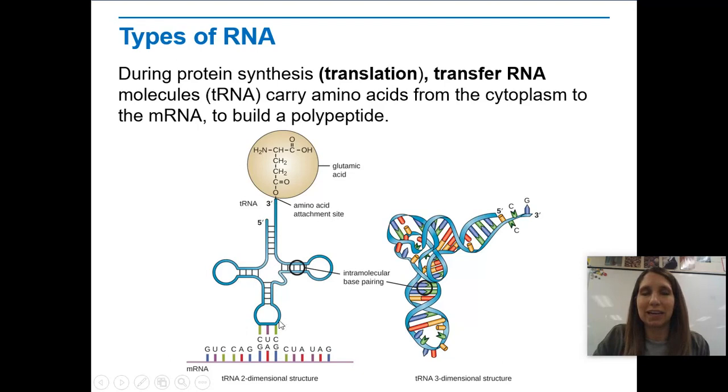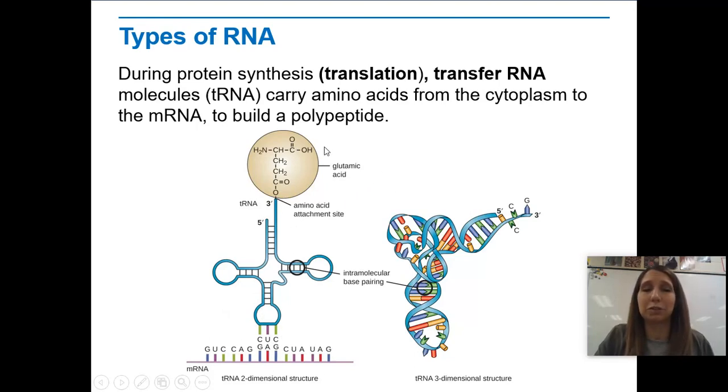So I can see I have those nitrogen-containing bases here. I have 3 of them that stick out on one end, and that's going to be important for this translation process that we'll talk about as part of section 14.2, okay? But for right now, what I need you to understand is that tRNA takes on this shape. tRNA has parts of a protein here, but nucleic acid sequences down here. And tRNA stands for transfer.